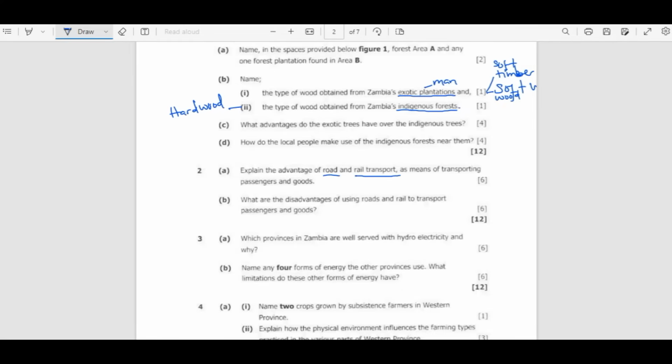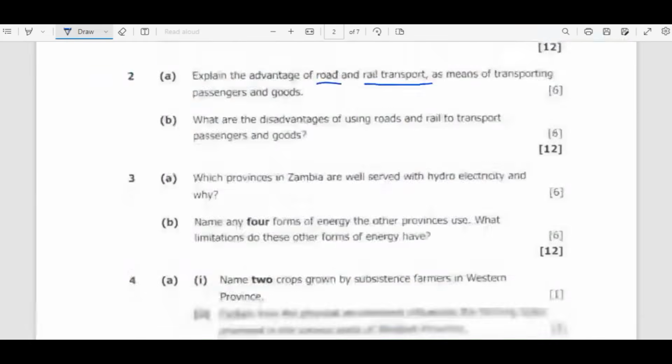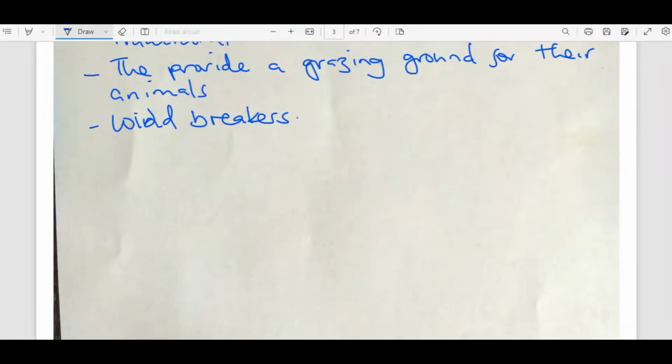So these 2 types of transportation come with advantages, and these are the advantages that we are going to look at.